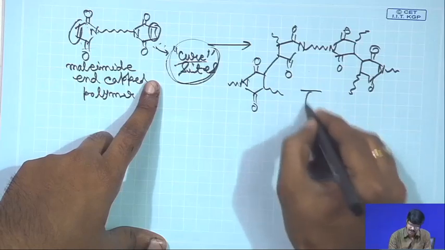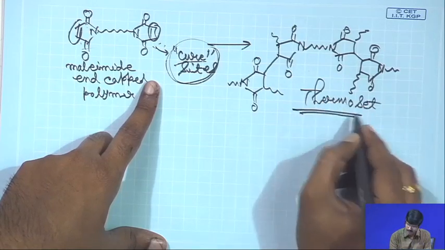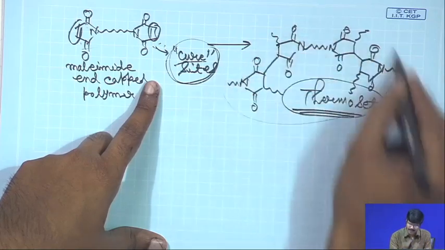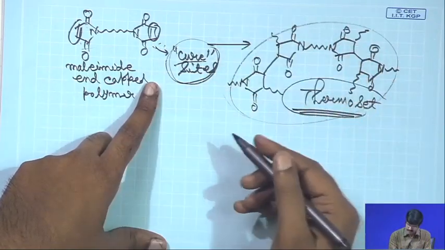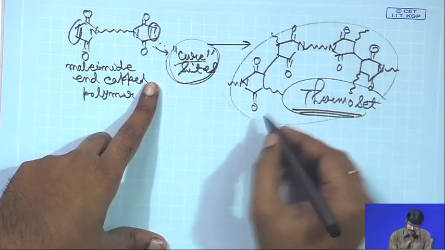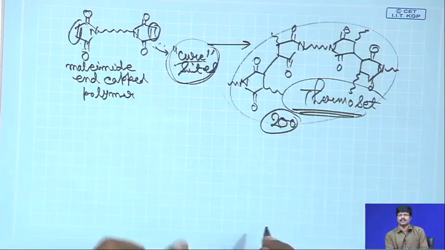So, this kind of cross linked materials, this kind of thermosets you can produce, and the properties of this kind of cured polymers will be broadly similar to the polyimides that we have talked about, and the continuous use temperatures could be still as high as 200 degrees Celsius.